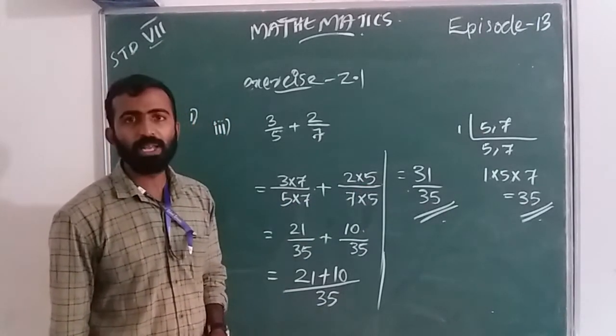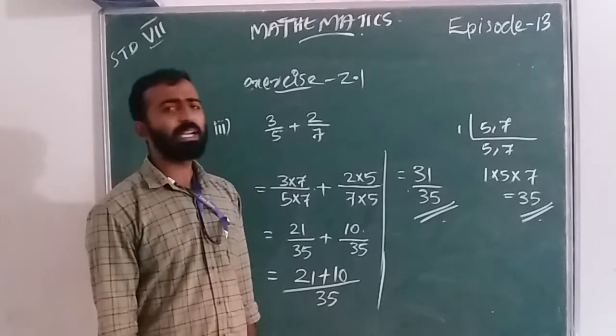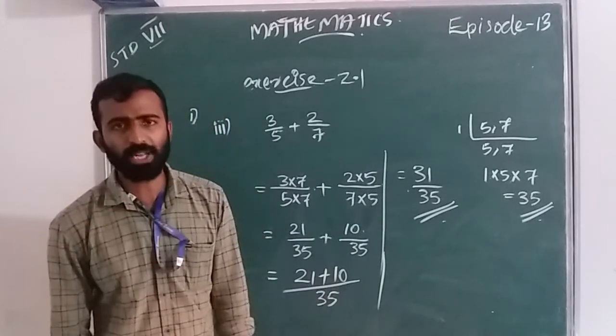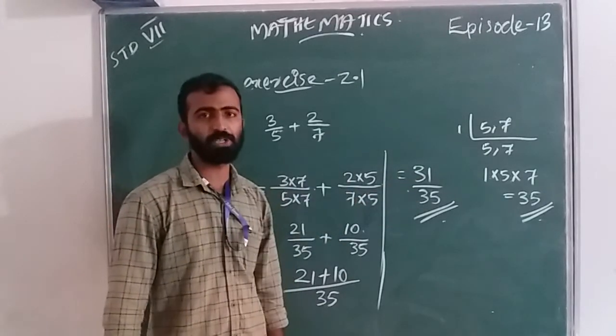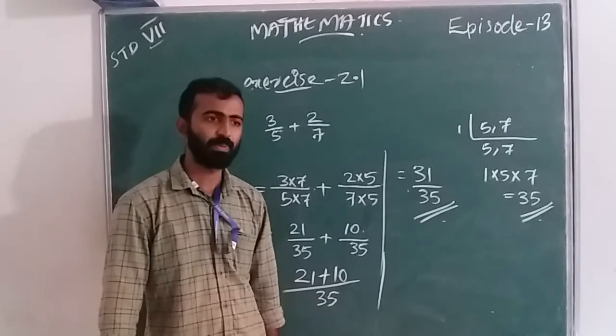Is it 31 by 35? That is the answer. Here we didn't convert it into a mixed fraction. Why? Can anyone say? What is the reason?